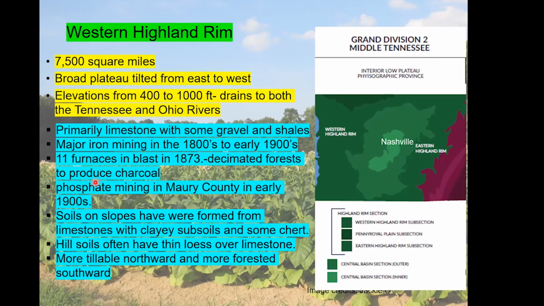We talked about the phosphate mining that was south of Nashville in Maury County, which is in the Columbia region. There was phosphate and lime. They were formed from limestone with clay soils and some of that chert. So there were more tillable northward and more forested southward. So more forest down here, more tillable in the northern part of this.